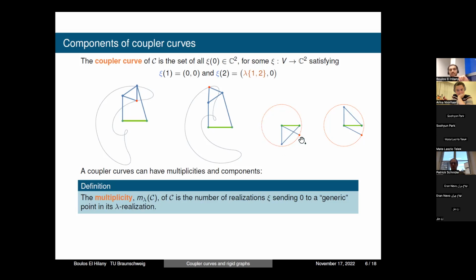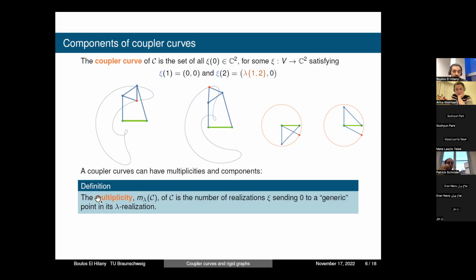But now if I look at another family, I have infinitely many realizations forming this circle, and this corresponds to all of those where the triangle is below the x-axis. And also, if I look at the family where the triangle is above, then this gives me the same number of realizations. We can associate to this a multiplicity of this circle, right? It's the same locus of the red point, but it has multiplicity two.